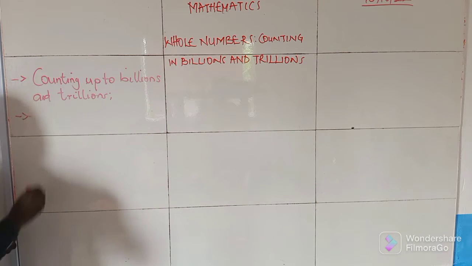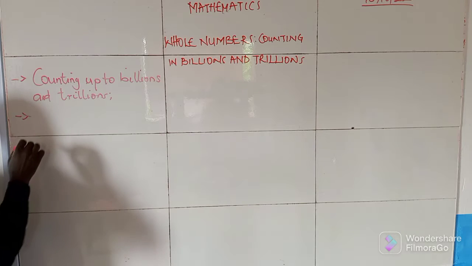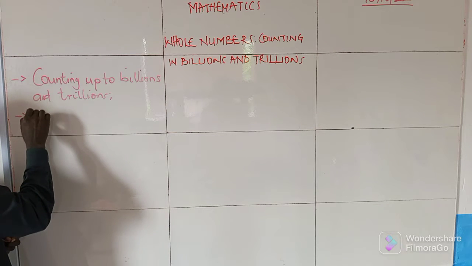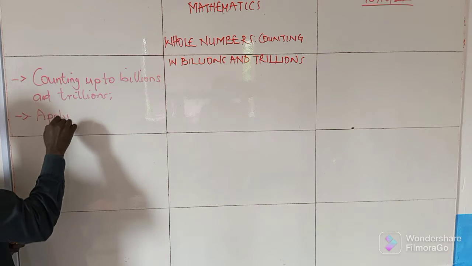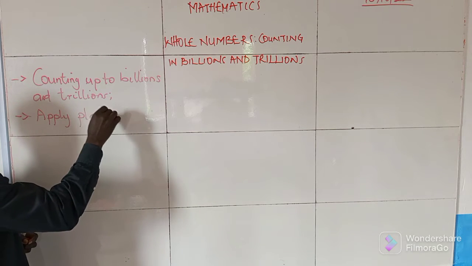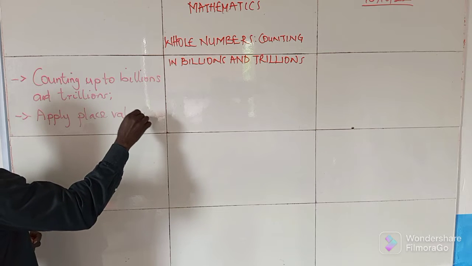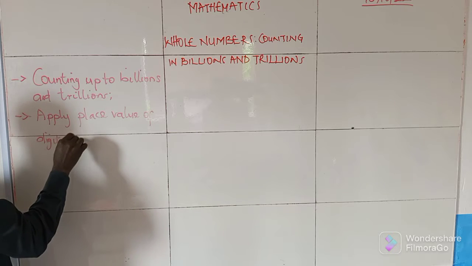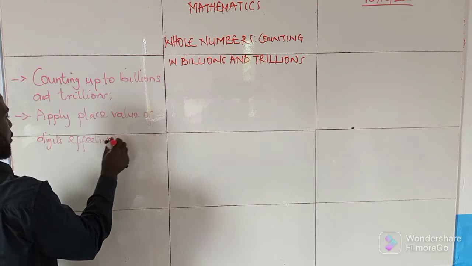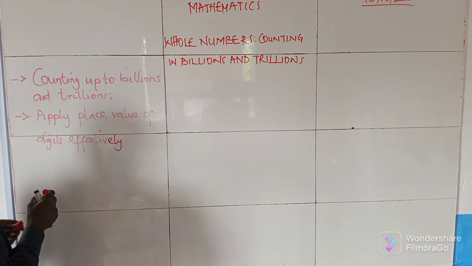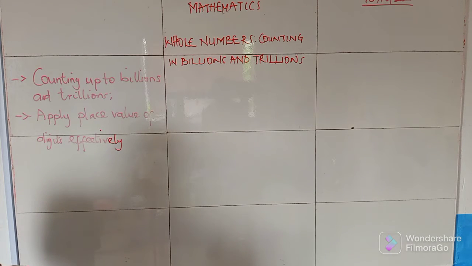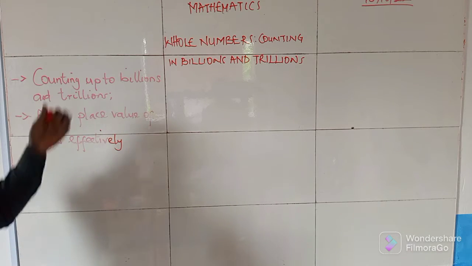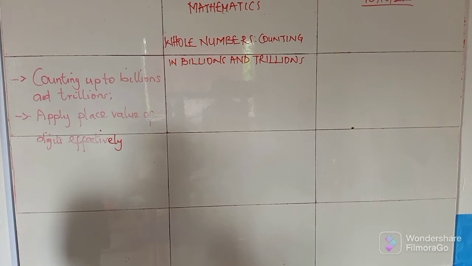I also expect that you'll be able to apply place value of a digit effectively. Okay? Let's feast on these objectives first. And if anything occurs along the line and I have to explain or include, I will.